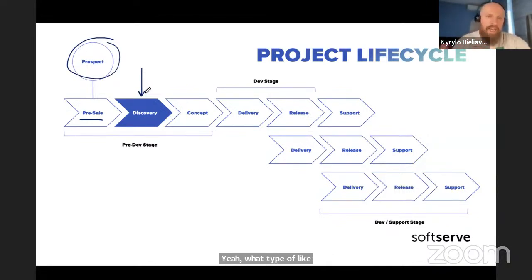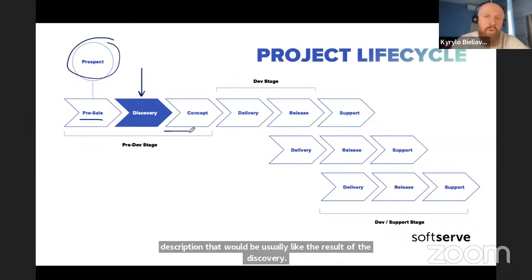And as a continuation of the discovery stage, we may end up with some sort of concept or POC, or a prototype that we can present to the client, or some sort of document or artifact with a solution description. That would be usually the result of the discovery, but we will talk about that in more detail.